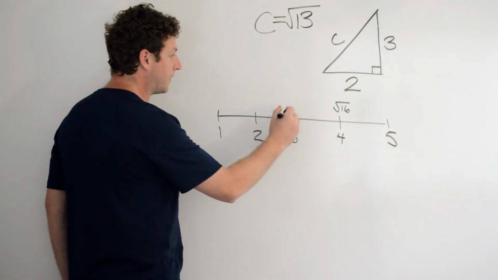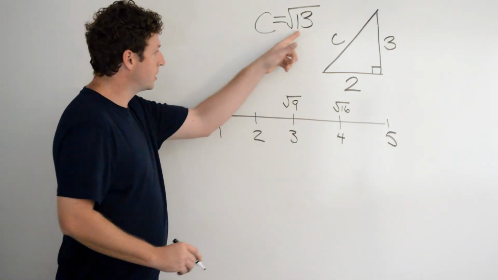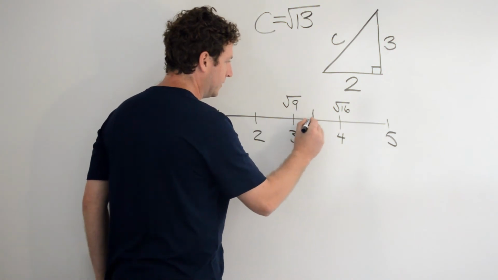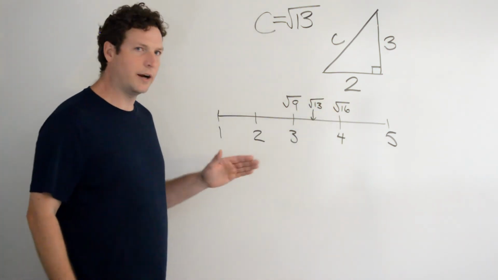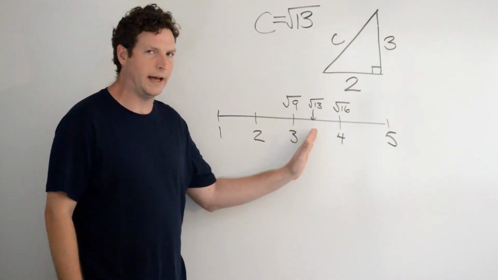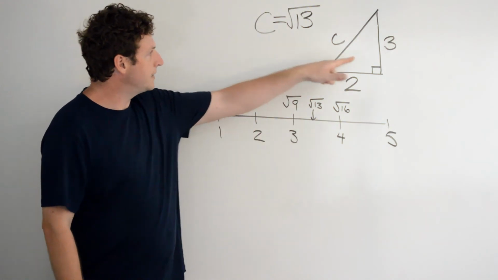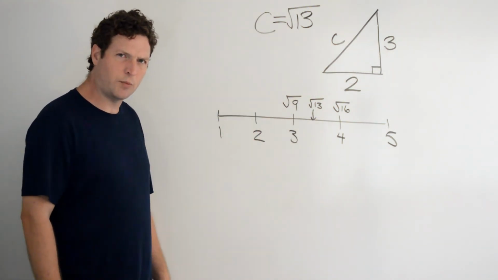We also know that the square root of 9 is 3. That means the square root of 13 is somewhere in between the values 3 and 4. Pretty close to being 3.5, not quite, which makes it the longest side. That makes sense. Do you kind of see how that works?